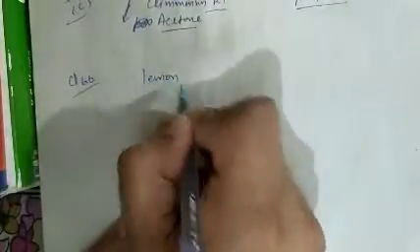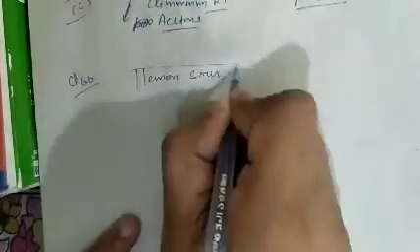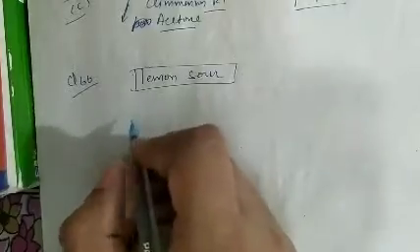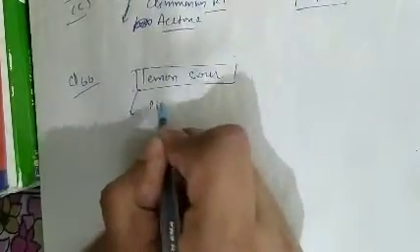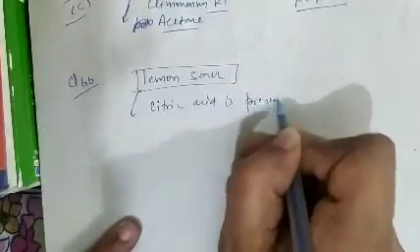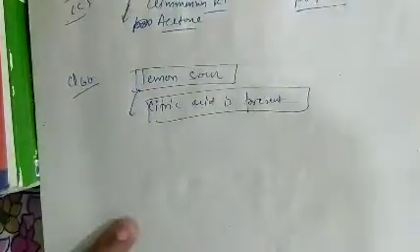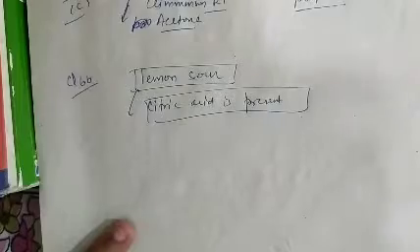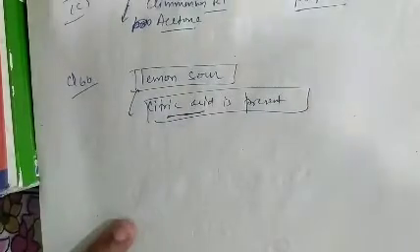See question number 66. What makes a lemon sour? As we know, in lemon, citric acid is present. So citric acid is responsible for the lemon being sour.